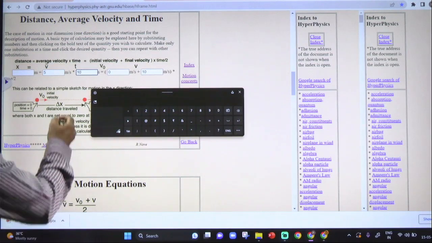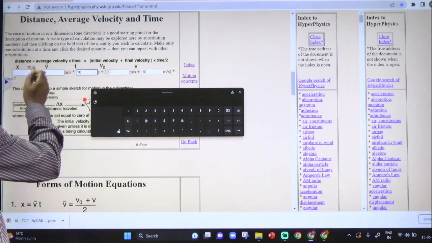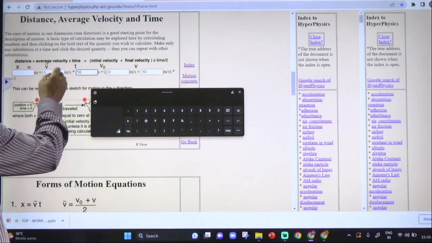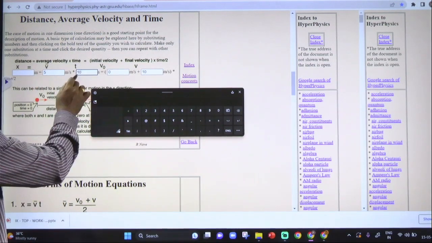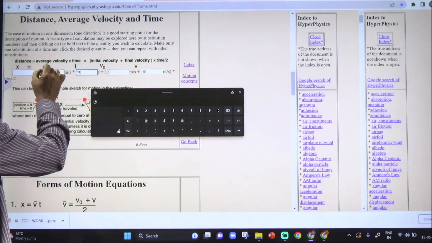If you try to find the average velocity or distance, average velocity is nothing but 0 plus 10 divided by 2. This is called average velocity.